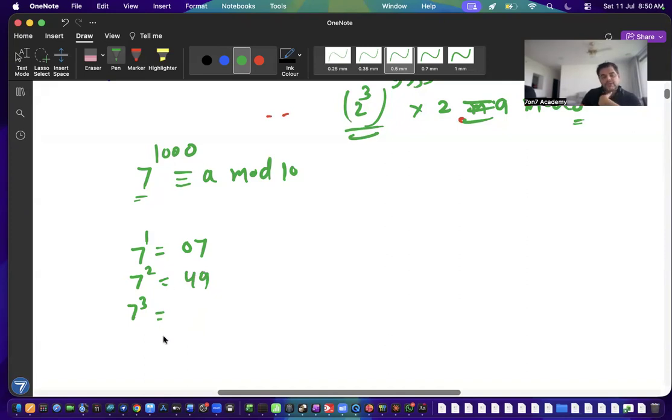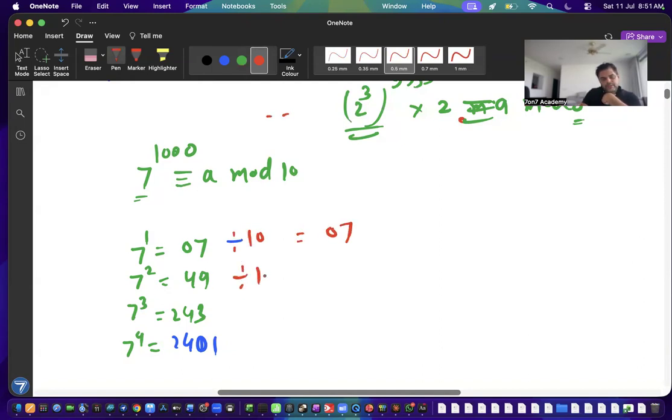7 raised to 3 is what? Riddhi, isn't it 243? Yeah. 7 raised to 4 is what? 729? No, multiply again: 2401. Agree? So the cyclicity: if you divide this by 10, it gives 7 as the remainder.